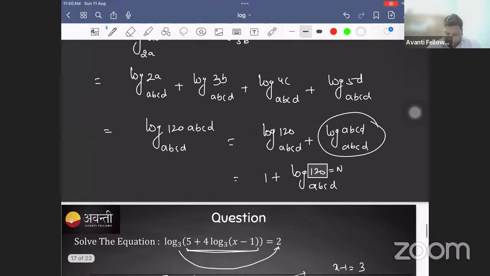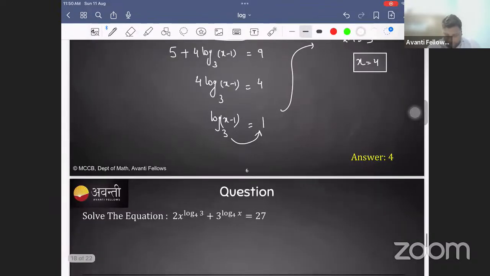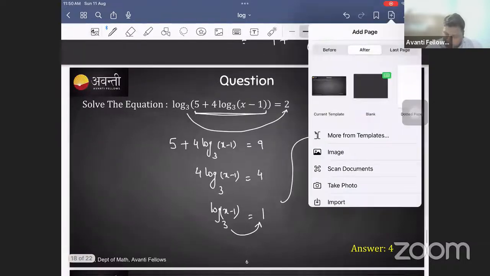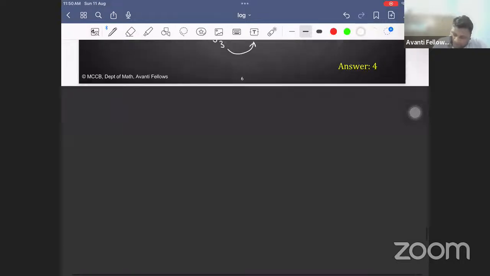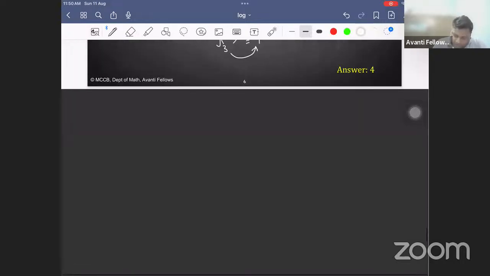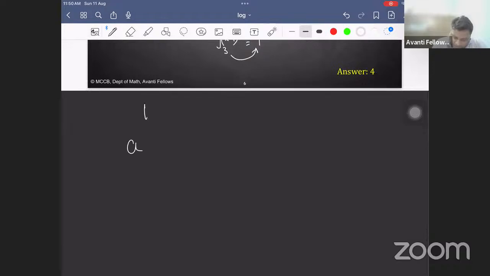Now, this question we have already covered. Okay. And another important property. See, a to the power log b base c, very important, see very carefully. A to the power log b base c is also equal to b to the power log a base c.